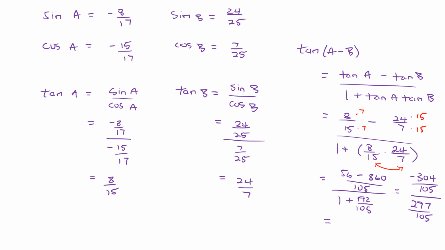The numerator and denominator have the same denominator, so we can cancel those out, which gives us 304 divided by 297. And that, my friends, is our final answer.